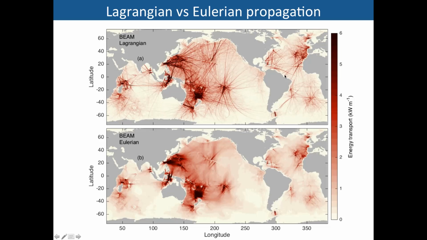The top plot is the Lagrangian calculation that we made, and you can see the beams traveling across basins. And at the bottom, you immediately see that the beams are really diffused very quickly. This is because the advection in an Eulerian framework necessarily spreads the energy in the angle, and so you get this radial spreading very, very fast away from the generation sites.